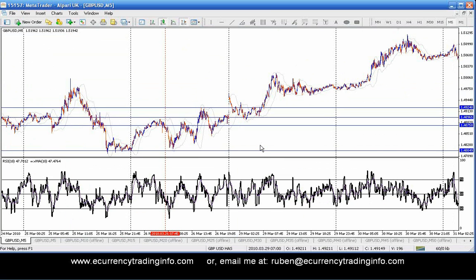Okay, so I put the period separator on. It depends on your broker and what time zone your broker is at. Mine is in England, so the period separator just happens to be the beginning of the Asian session.